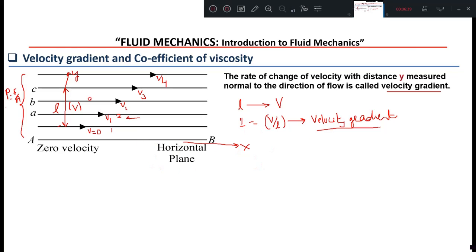From this we can write that the force per unit area is directly proportional to the velocity gradient. The higher the force applied, the higher the velocity gradient, and the lesser the force applied, the lesser the velocity gradient.